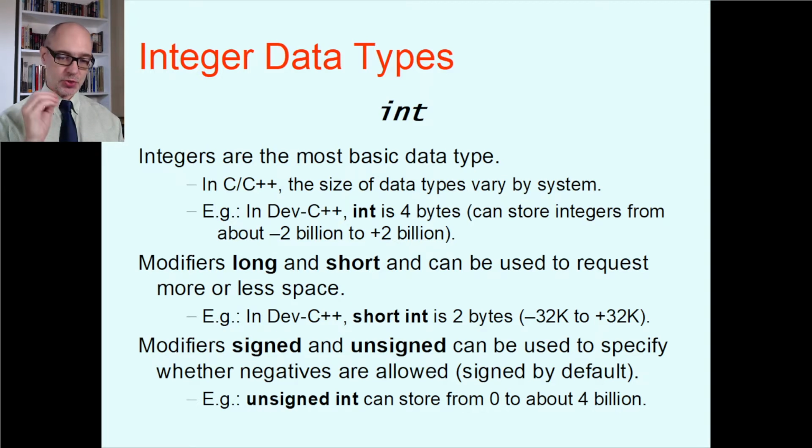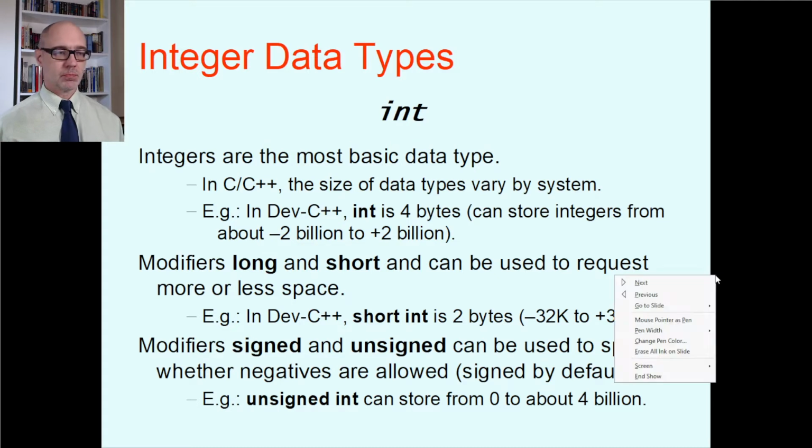Don't worry about storing that piece of information. Use the whole thing for the 0 and the positives. So whereas previously you could store numbers from about -2 to +2 billion, and that's about 4 billion numbers, for an unsigned int, you're going to be using the entire range from 0 to the positives, and therefore you can count up to about 4 billion. So keep that in mind.